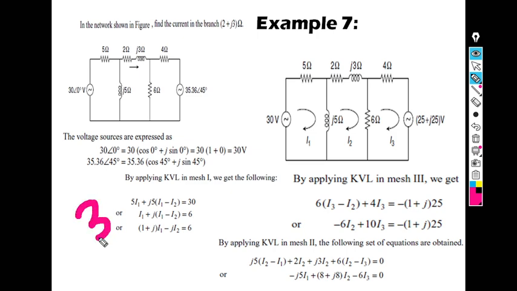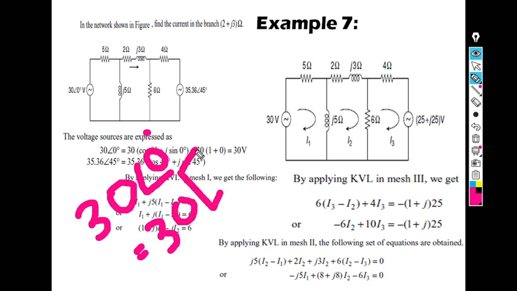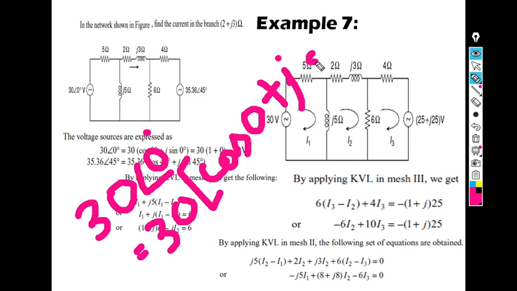So simple, 30 angle 0 is equal to 30 cos 0 plus j 30 sin 0.